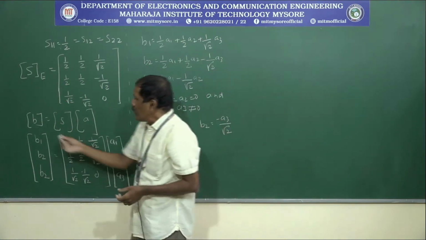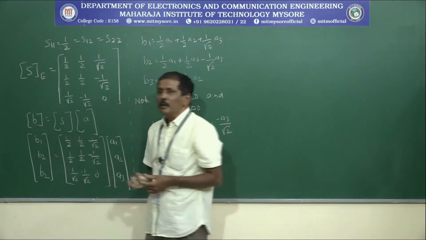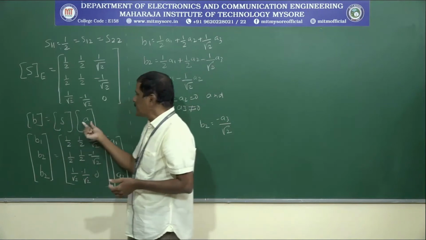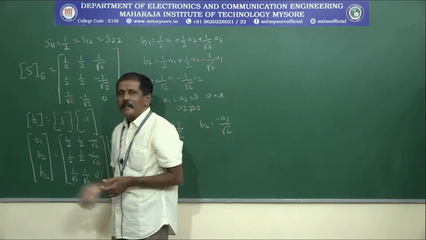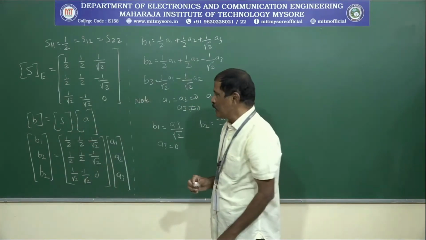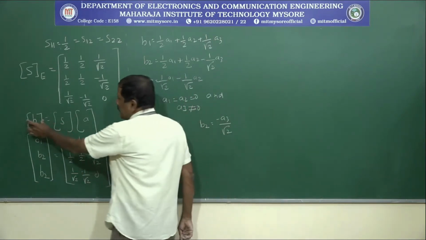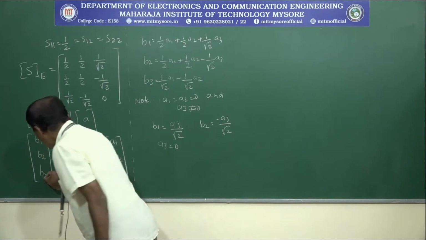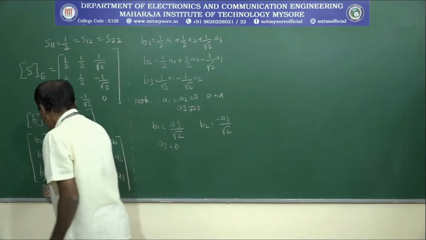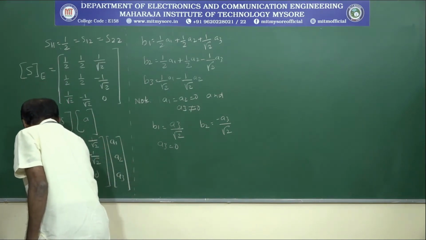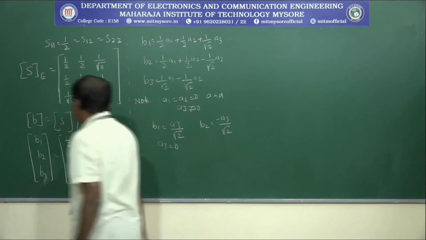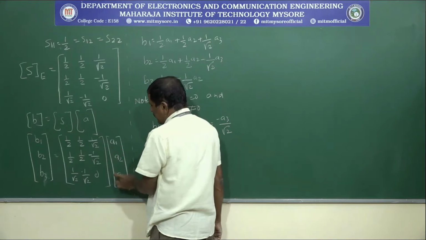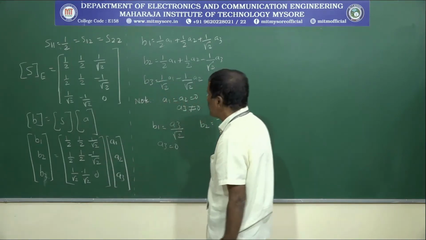Then we know that B is equal to S into A, where B is the output, A is the input you are applying, and S is the scattering parameter matrix. So this B, I can write it as B1, B2 and B3, and this S matrix remains as it is, and this A I can write as A1, A2 and A3.